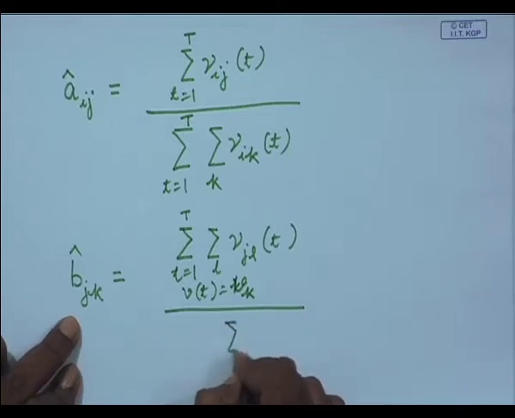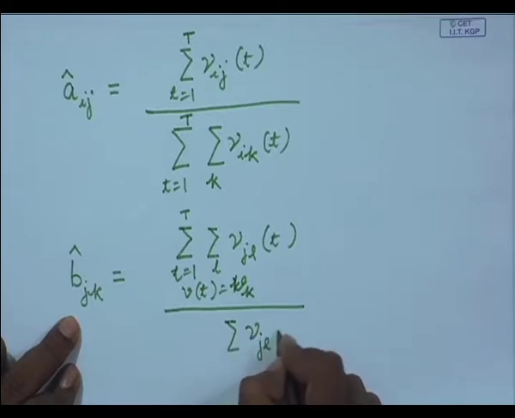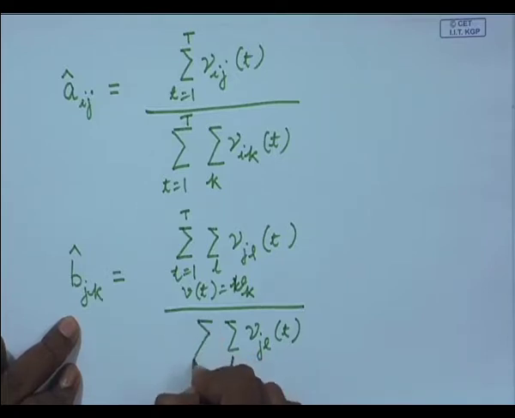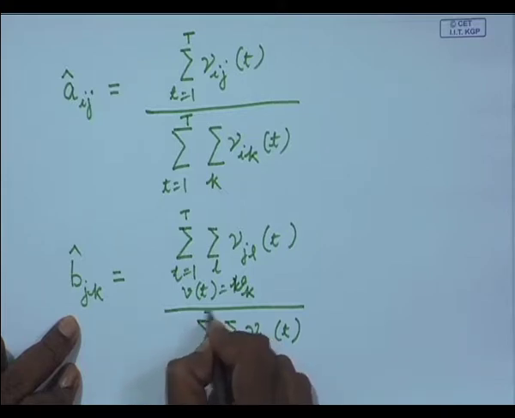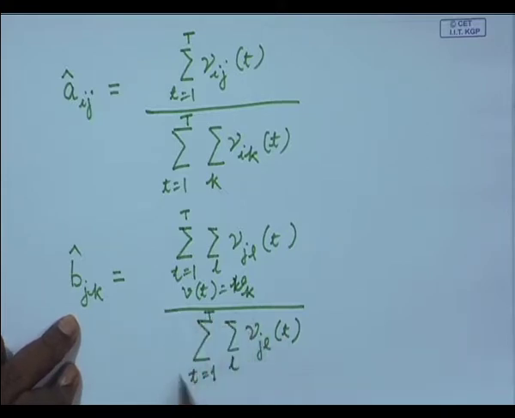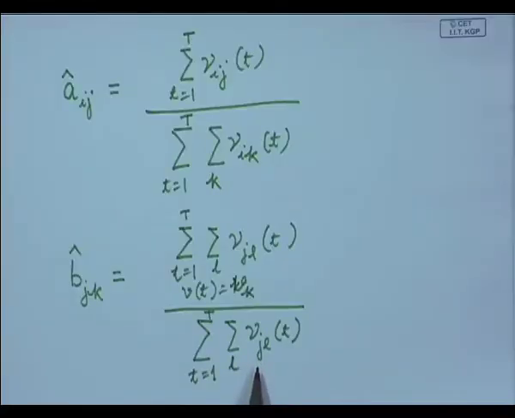the sum of gamma j L t, summation over all L, and I have to take the summation over t is equal to 1 to capital T. And this denominator is irrespective of any symbol which is emitted from the state omega j.